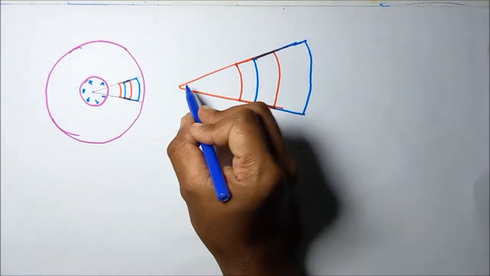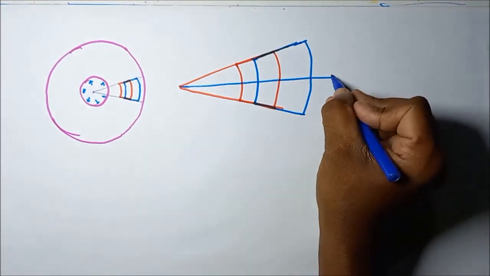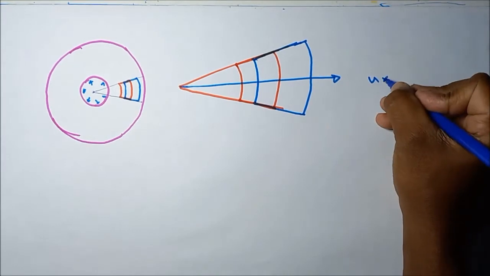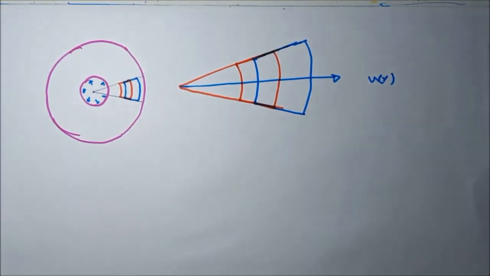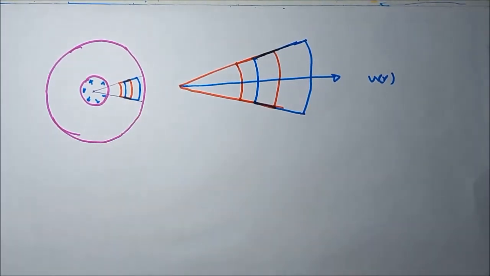Let's take the displacement function as u, a function of r. This is the displacement function of how the cylinder's radial points are displaced due to the internal pressure.